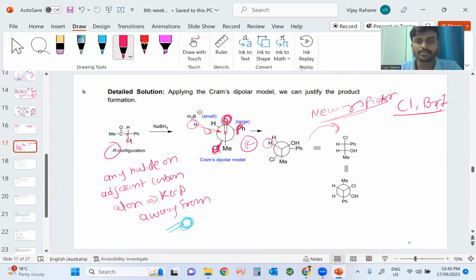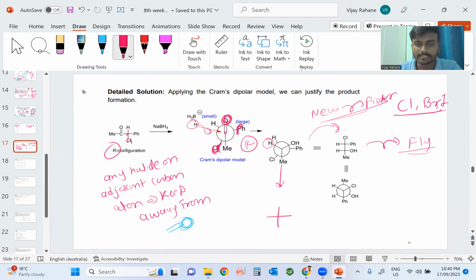It is very important to convert one Newman projection to another Newman projection, or Newman projection to Fischer projection, or Fischer projection to flying wedge. If you have to convert this type of Newman projection, you just have to pull this methyl down.